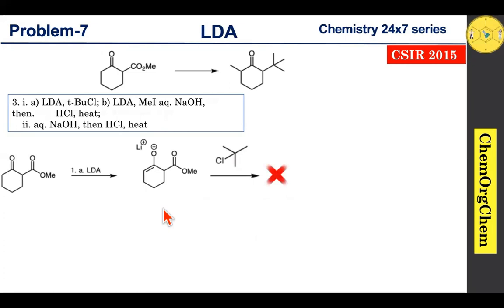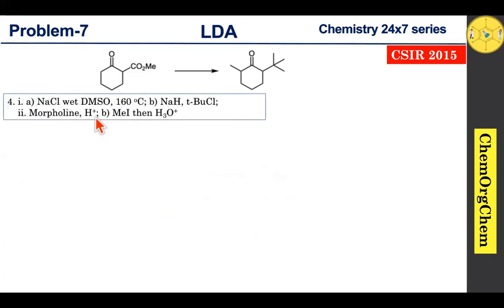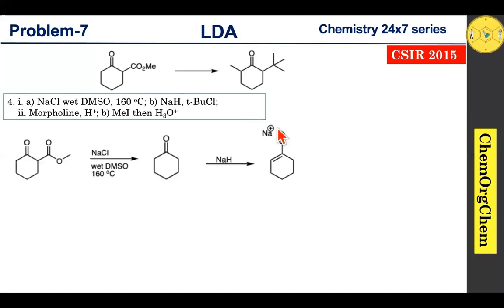Next, moving on to the fourth reaction condition, which initially involves the Krapcho decarboxylation reaction, which produces the corresponding ketone product. When you treat this ketone with sodium hydride and tertiary butyl chloride, this is a reaction condition similar to our third reaction condition. When you use sodium hydride, it readily produces an enolate ion.